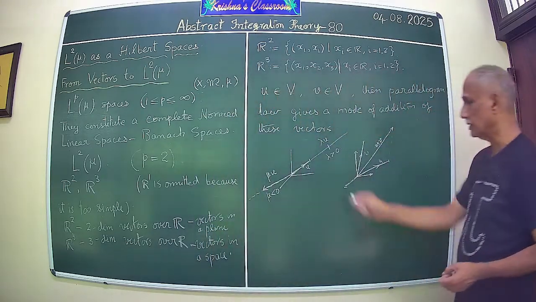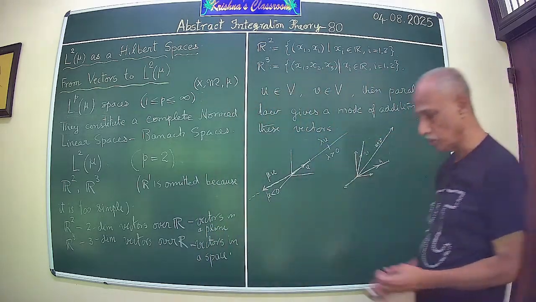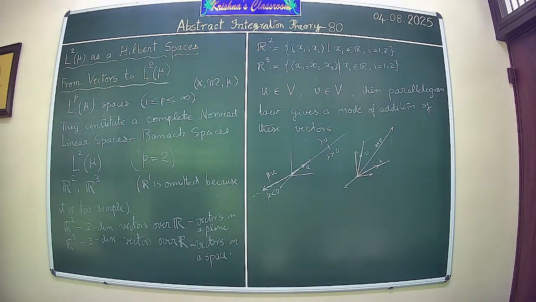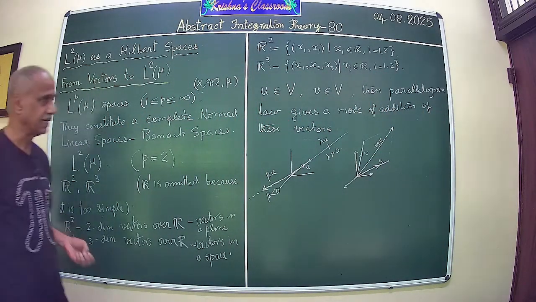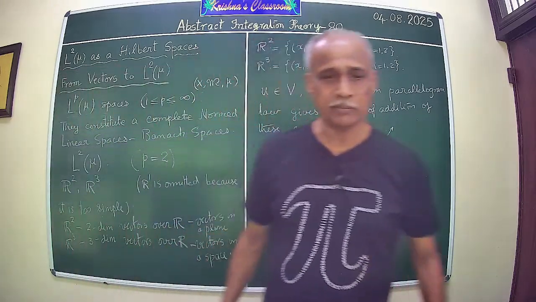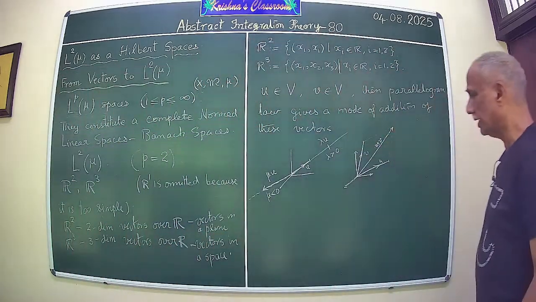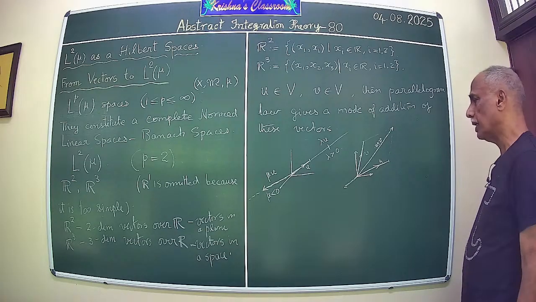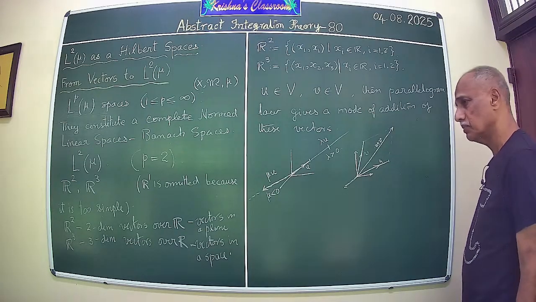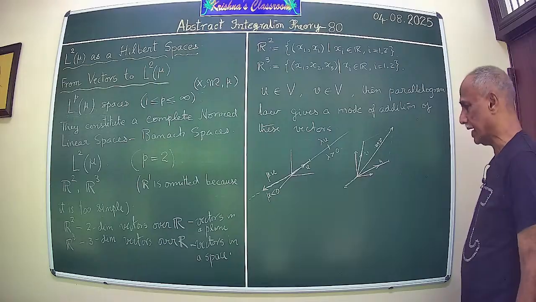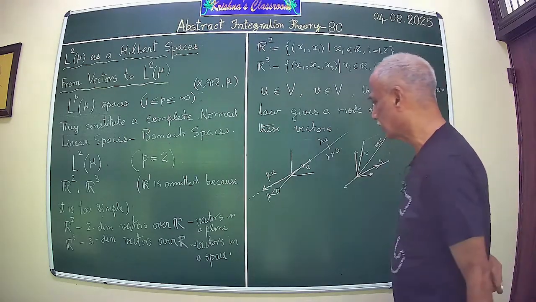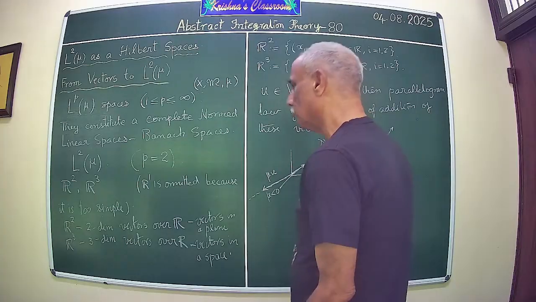So you can scalar multiply, or you can change the magnitude of the vectors and not the direction by multiplying by a positive scalar, and multiply by a negative scalar or real number to reverse the direction, and you get mu.